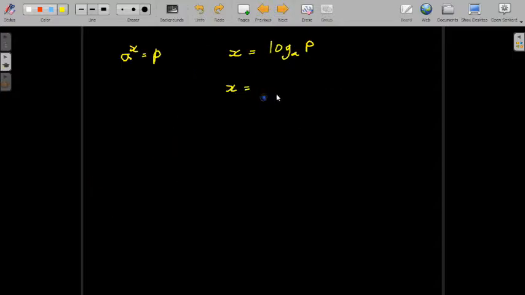We get x equals log base 10 of p divided by log base 10 of a. And this enables decimal approximations to logarithms to be calculated on scientific calculators. So we're just making it easier for ourselves, is essentially what we're doing.